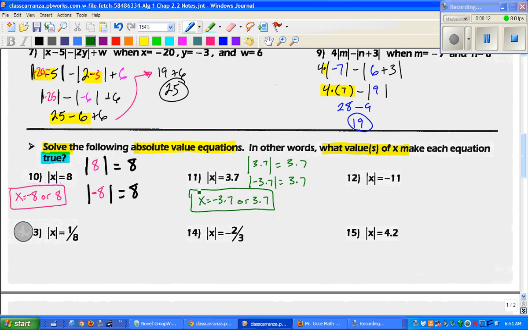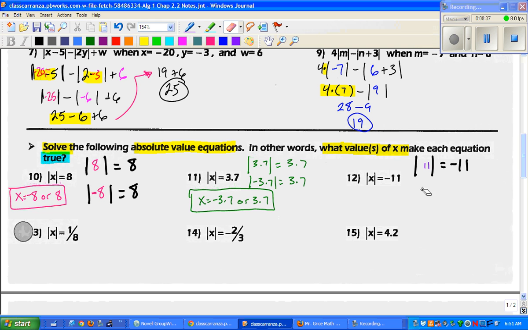Now, look at number 12. It says the absolute value of x equals negative 11. Now, is there any number that you can put in to get a negative 11? Well, the absolute value of negative 11 would be positive 11.